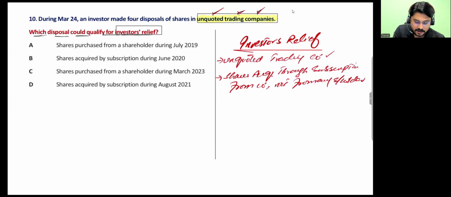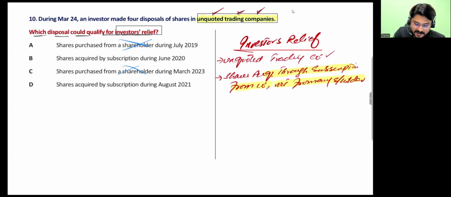In option A, shares are purchased from a shareholder. In option C, shares are from a shareholder. Why? Because for the shares disposal, if you want to take investors' relief, those shares must be acquired through subscription from the company and not from a shareholder. Now we have to decide between options B and D.